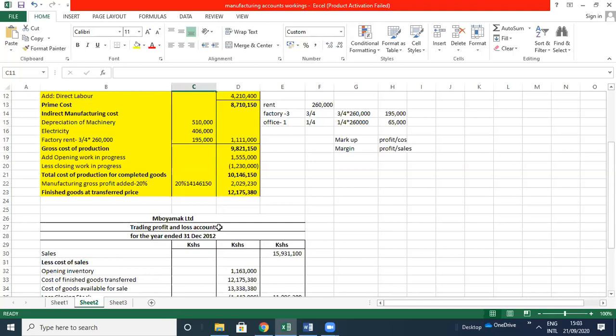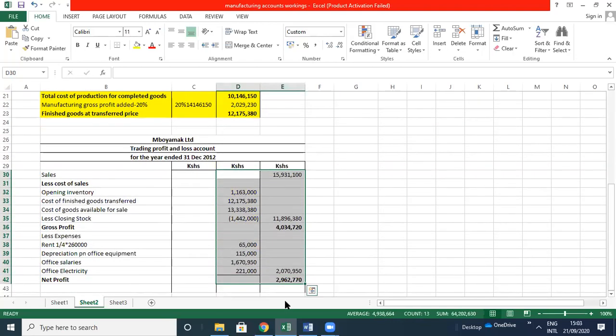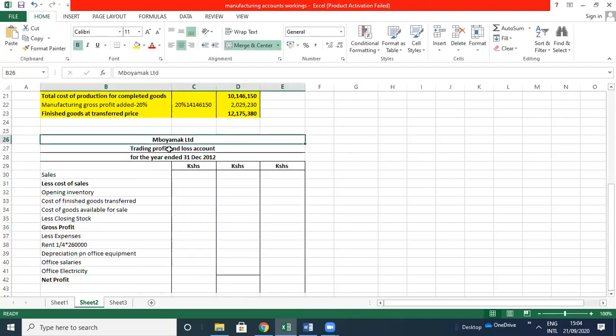It was asking us to prepare the income statement, or what we call profit and loss account, right? And that's why now we have the next step as preparing Boya Mark Limited trading profit and loss account for the year ended there.